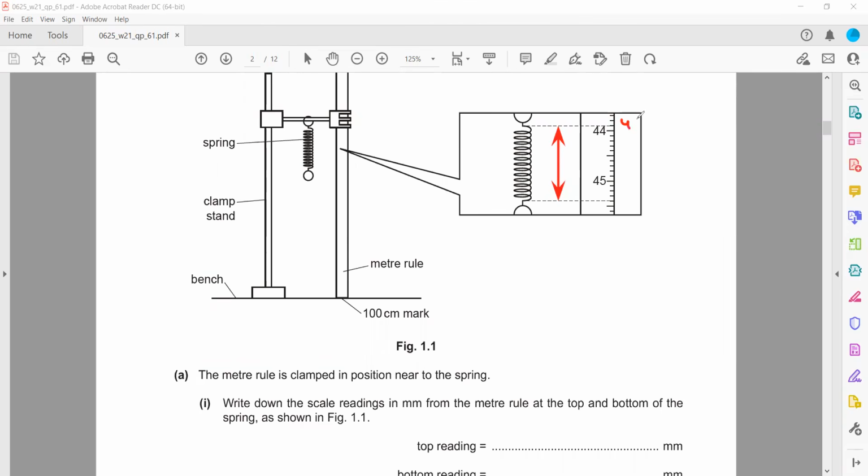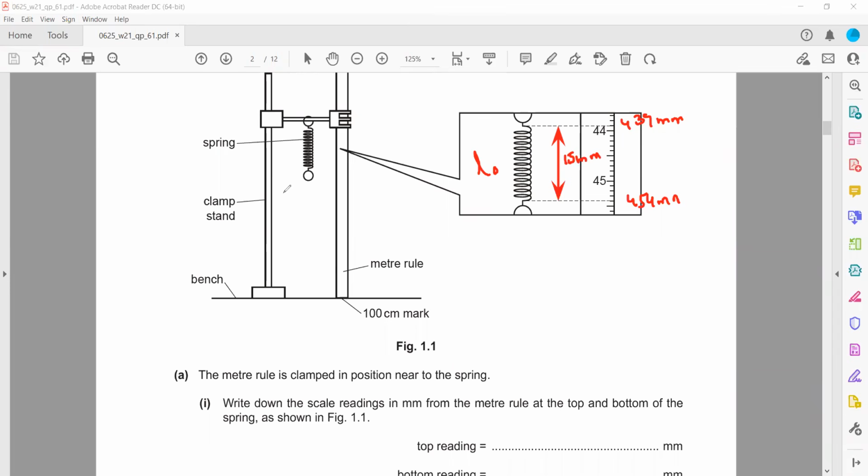So this mark was 439 millimeter and this mark was 454 millimeter. So how can I work out this length? If I subtract the two values, 454 minus 439, the difference of the two values will give us this length, which will be in millimeter.